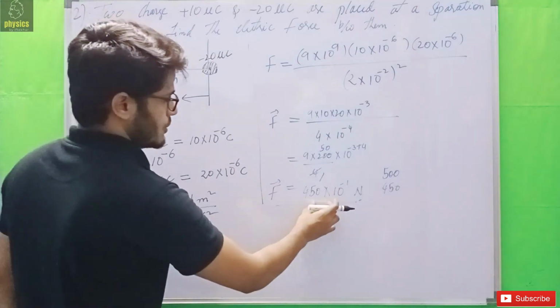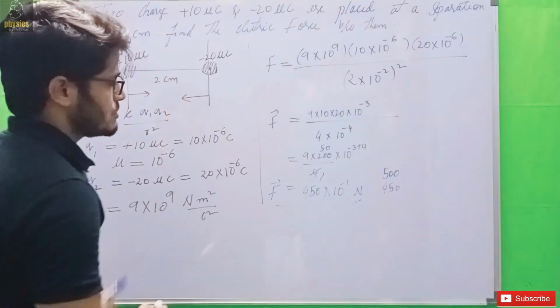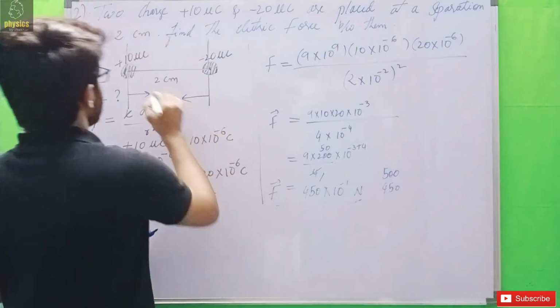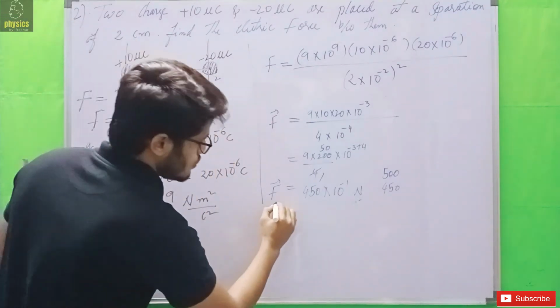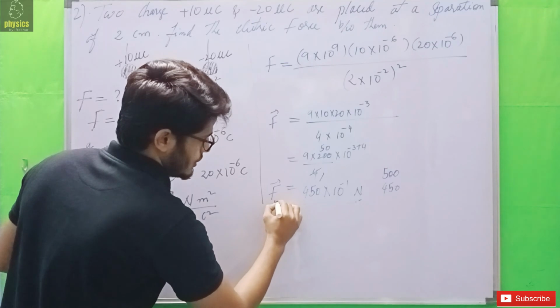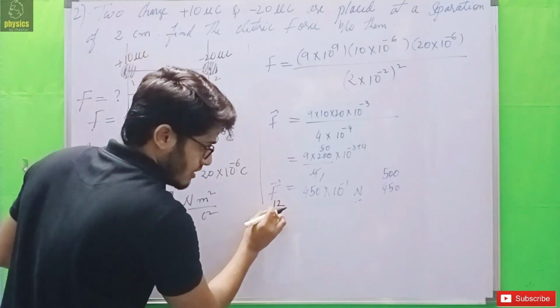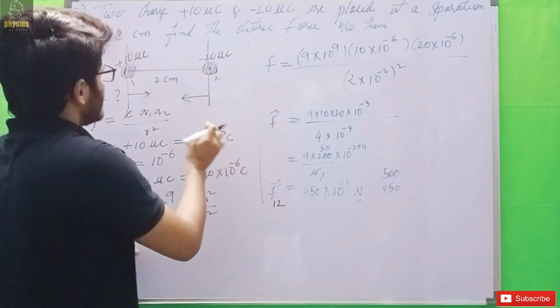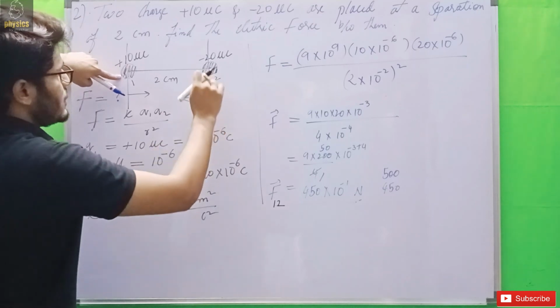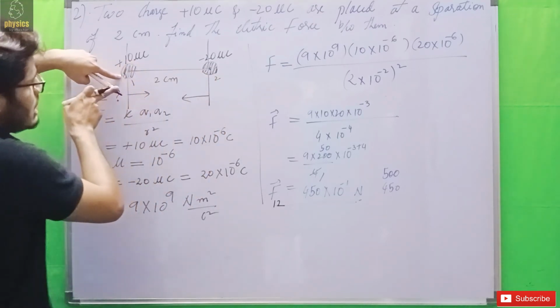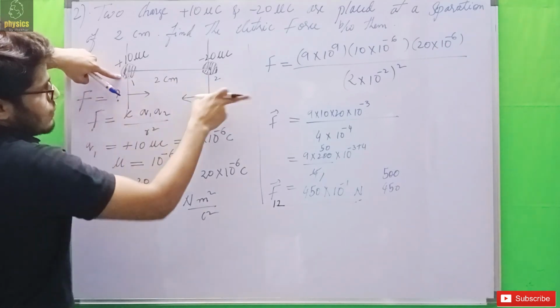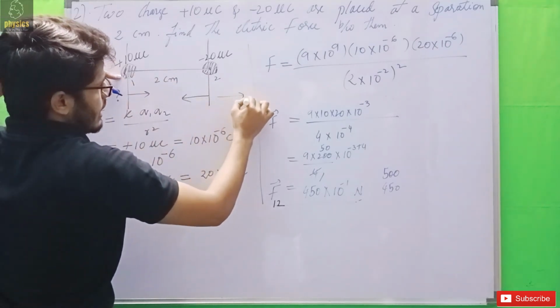This is just the magnitude, and if you want to get the direction, suppose I call this the first particle and this the second particle. The force on the first particle due to 2, the direction of the force will be towards this way, towards the x-axis.